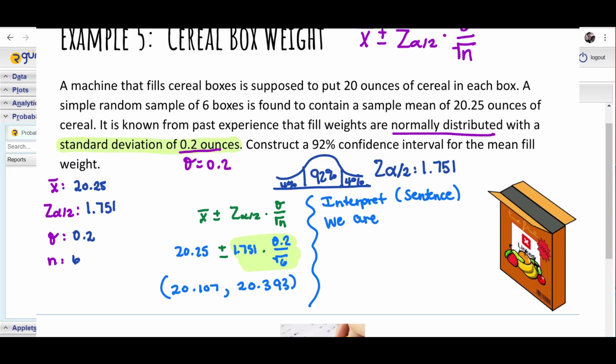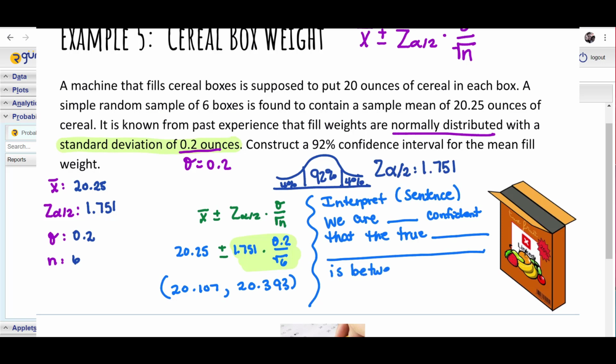We are blank % confident that the true, in this case we were estimating the true mean, and you need to put it in context, is between blank and blank. So there's your template.